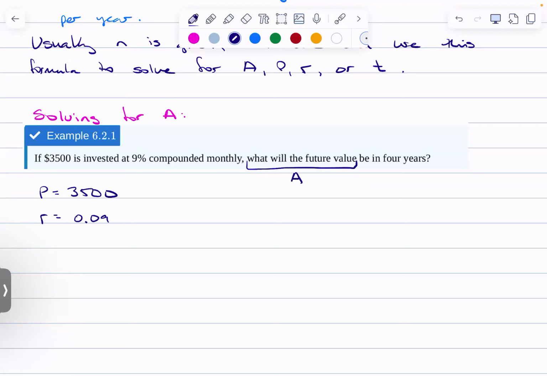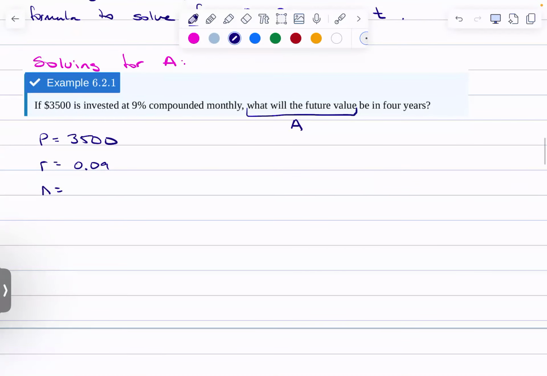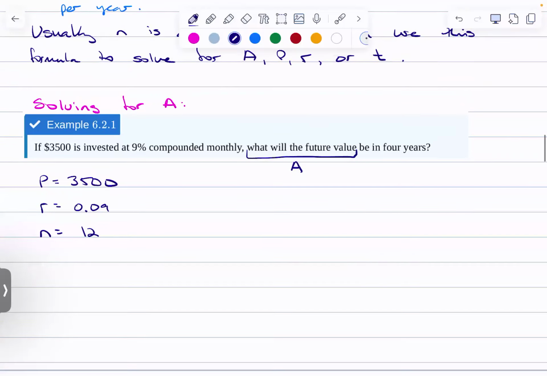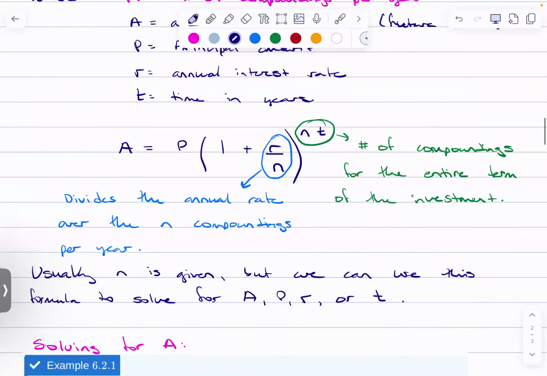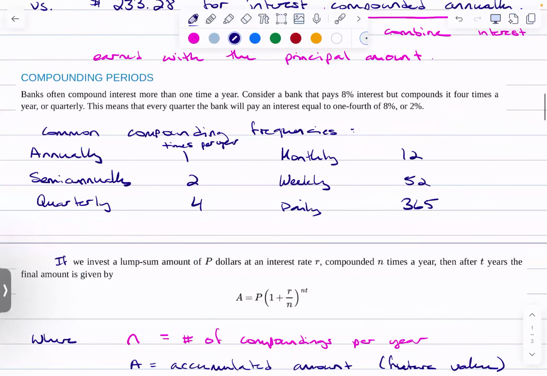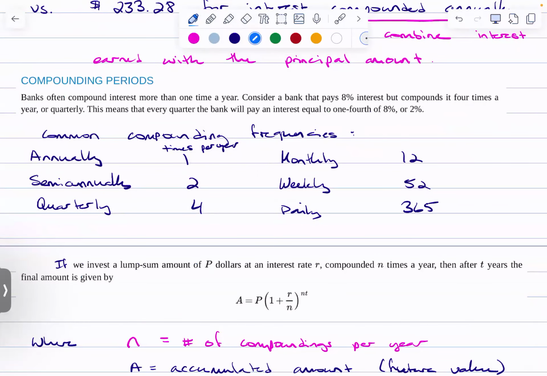I need N. Compounded monthly, so N is going to be 12. Maybe in our list earlier we can go back, because we talked about these compounding frequencies, but these are really going to be N's, now that we know what that is.